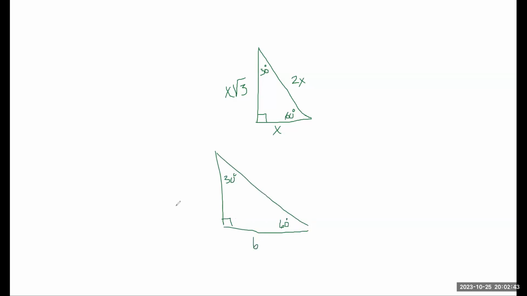This is designated by a Y, and this is designated as the X. 6 is opposite the 30-degree angle, so this is called the short leg. Despite what the triangle I drew, on almost all my pictures it looks like isosceles. So just ignore that and just go with the notation here.